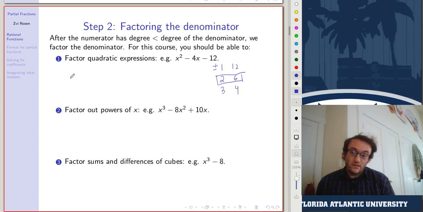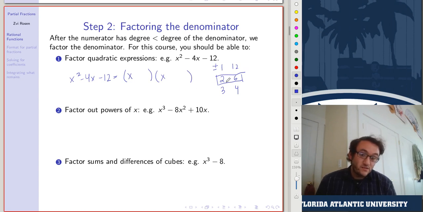So the expression becomes x squared minus 4x minus 12 equals, okay, we just have to decide which gets the plus and which gets the minus. Because it's minus 4, we need the 6 to be the minus part. This becomes x minus 6 times x plus 2. Okay, that's an example of factoring a quadratic expression that you should be familiar with.